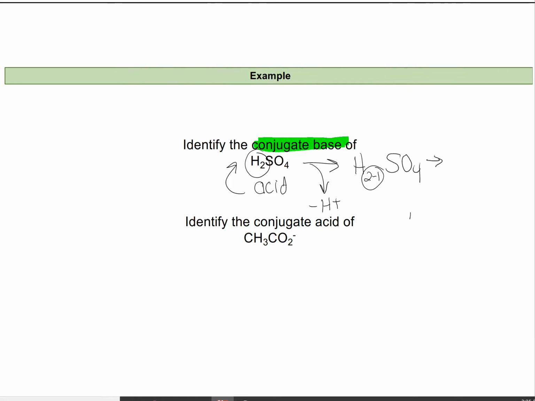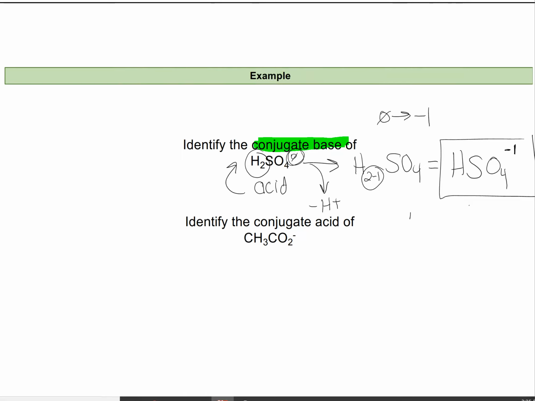So really this is equal to 1 hydrogen bonded to S and 4 oxygens. Now this is a neutral molecule. There's no charge here. So when I lose this hydrogen, it leaves behind an electron, so I'm going to gain a -1 charge. I'm going to go from 0 to -1. And here is my answer.